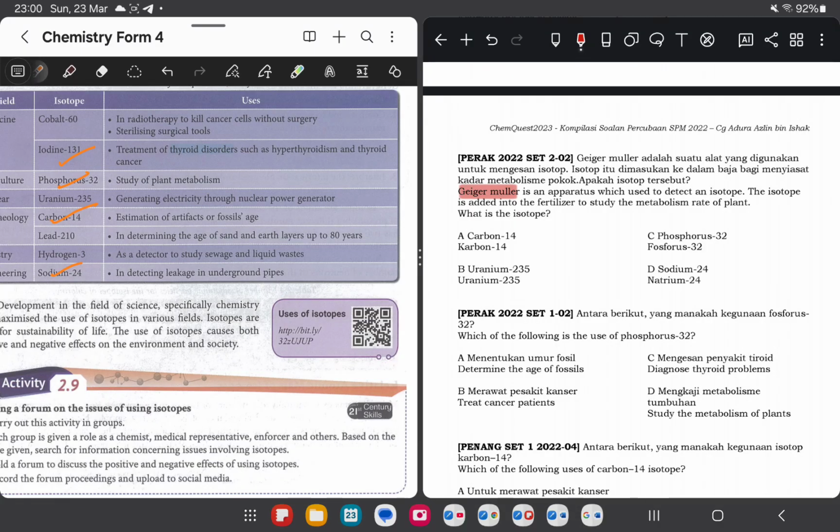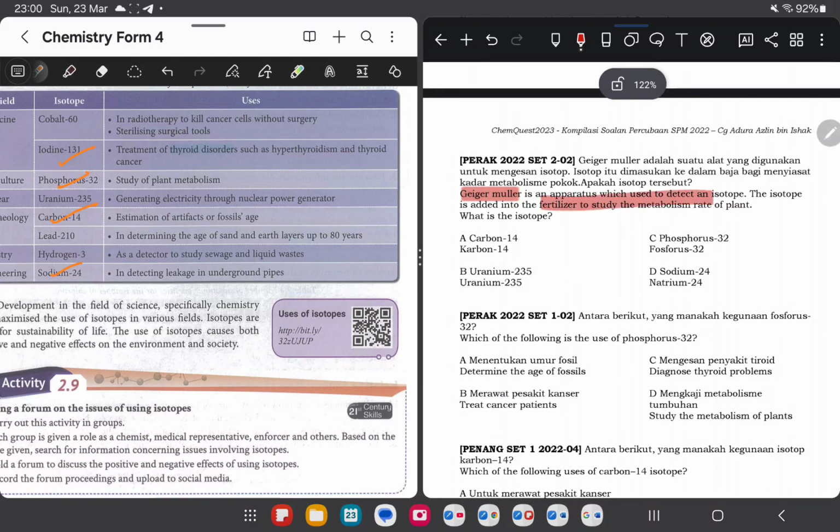They say added into fertilizer and they say plant. So the keywords are fertilizer and study the metabolism rate of plants. When all of this happens, metabolism and everything, you must know it is phosphorus.